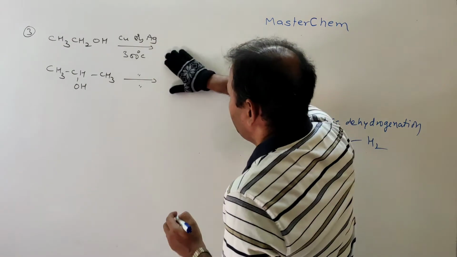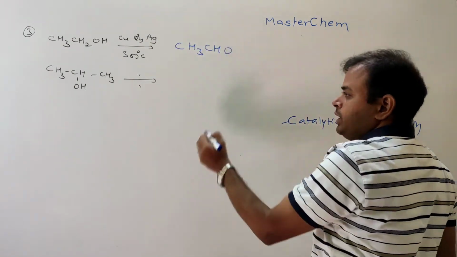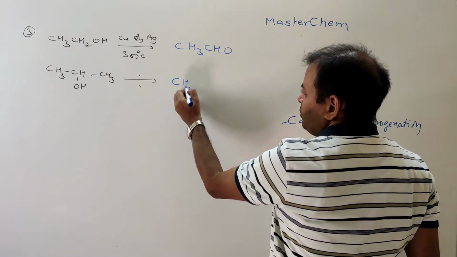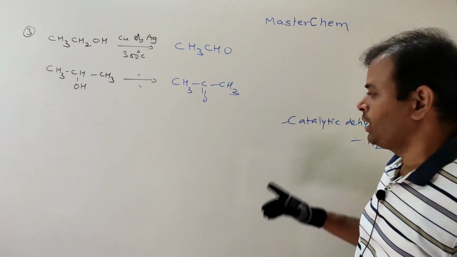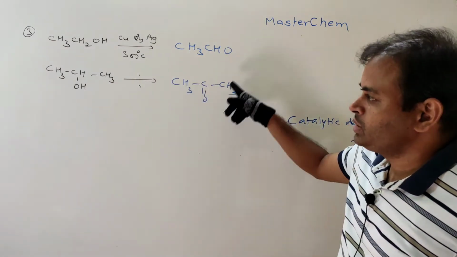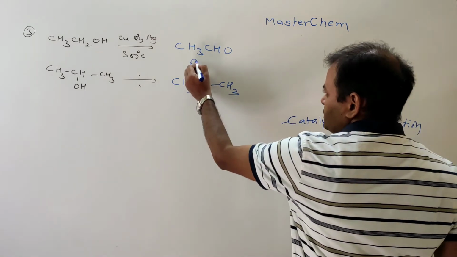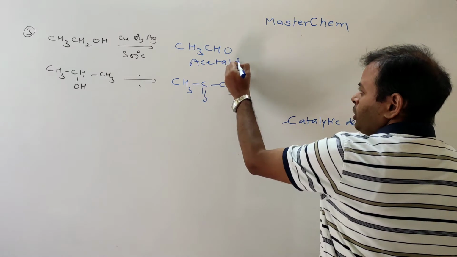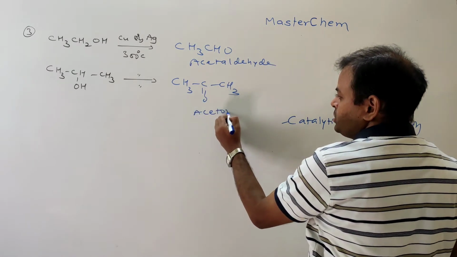Now, what is A? Alcohol must convert to aldehyde, and this converts into ketone. So this is one of the preparation methods, catalytic dehydrogenation. Loss of H2 takes place and leads to the formation of, in the first case, acetaldehyde, and in the second, acetone.